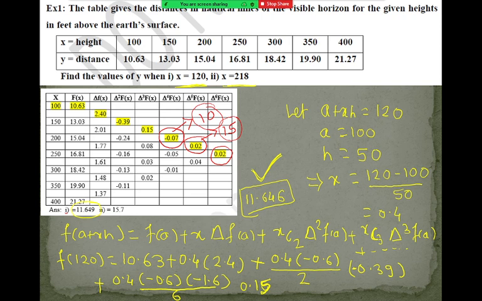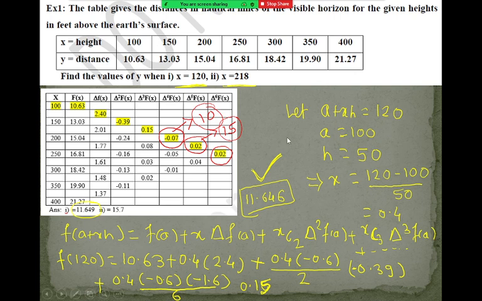The exact value may be 11.6 only, for example, but there is generally only a very small minor difference between actual and approximate value. These methods are quite accurate, so they are used for interpolation. Any doubt? No, sir. Okay, good.